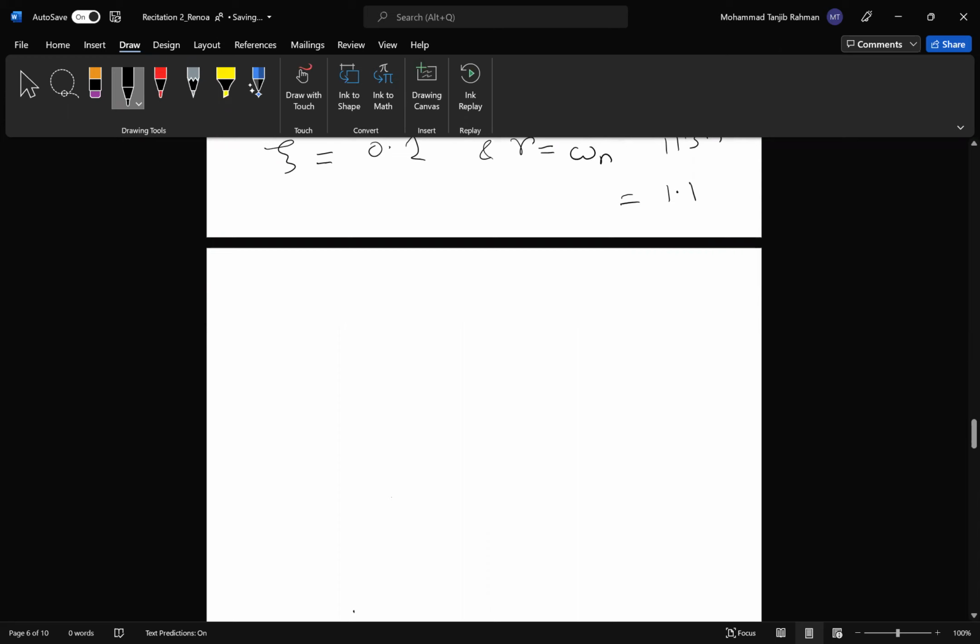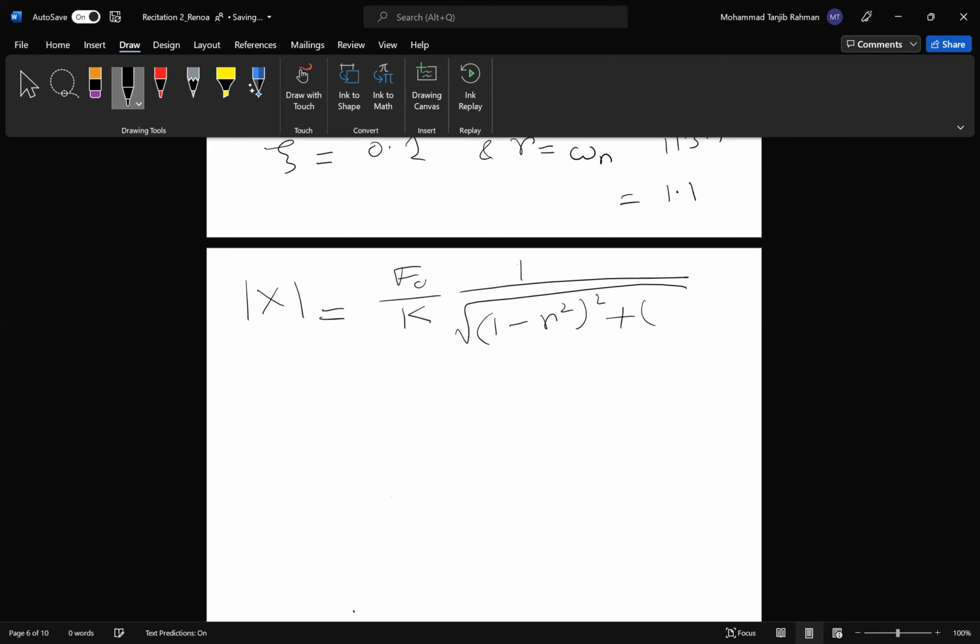So we know amplitude X is equal to F naught by K times 1 over root of (1 minus R square) whole square plus (2 zeta R) square.